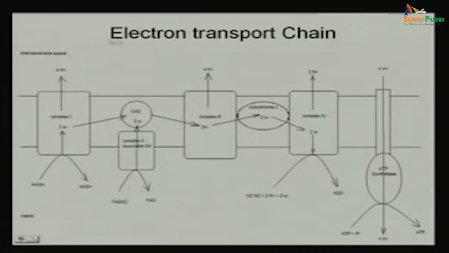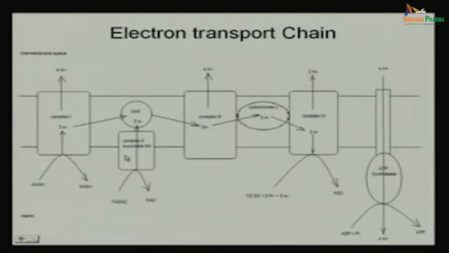If we take the view like this, this is the matrix side and this is the intermembrane space of the mitochondria, followed by the outer membrane outside. In this cross-sectional view, we can find the arrangement of complex 1, complex 3 and complex 4, whereas complex 2 is present in the inner mitochondrial membrane.